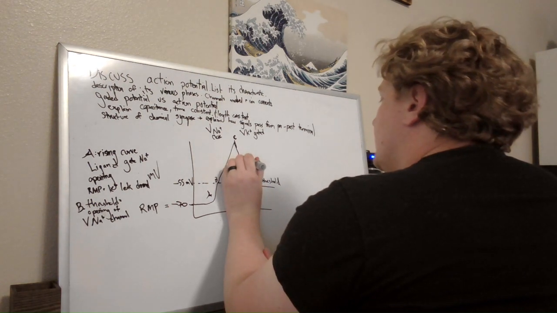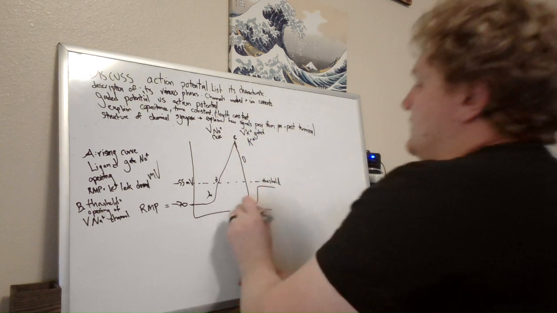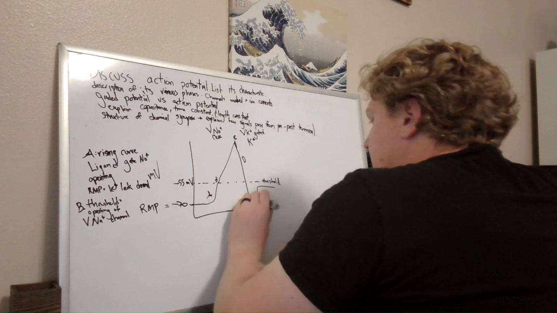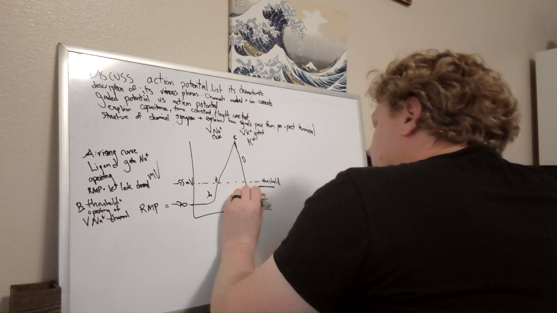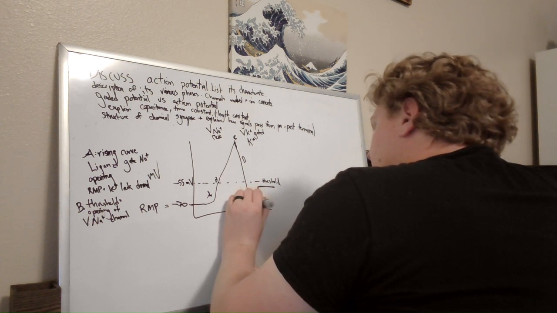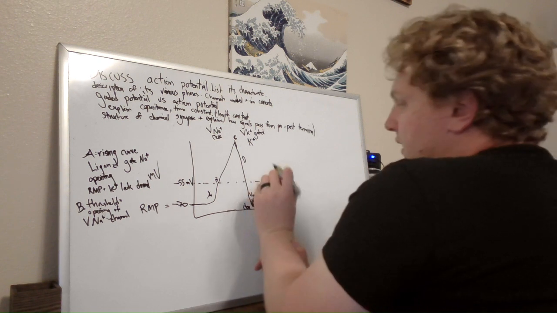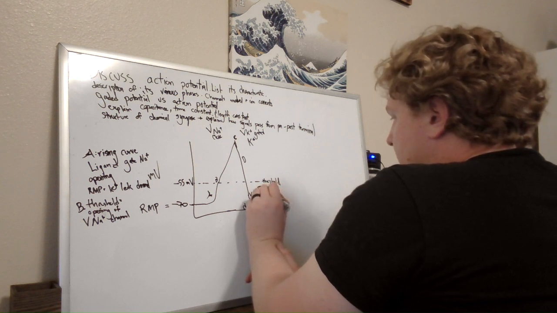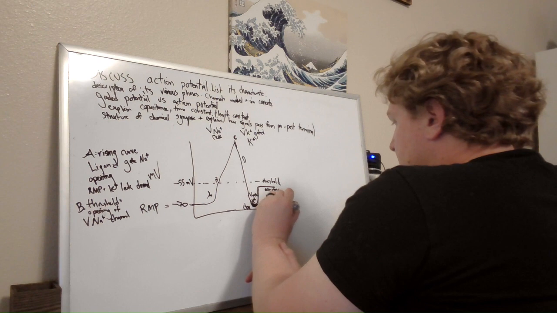This occurs because we have a mass exit of potassium ions leaving the cell, which will cause it to hyperpolarize even below our starting point, which is what we see right here. At this point right here, our voltage gated potassium channels will close, and then we'll establish where we're supposed to be at the refractory period with the potassium channels.